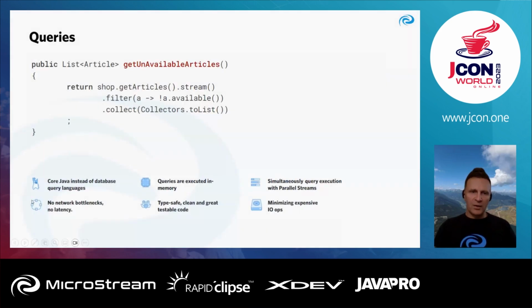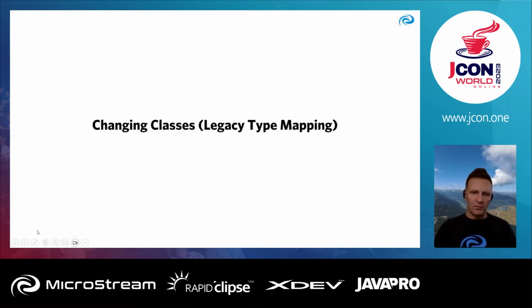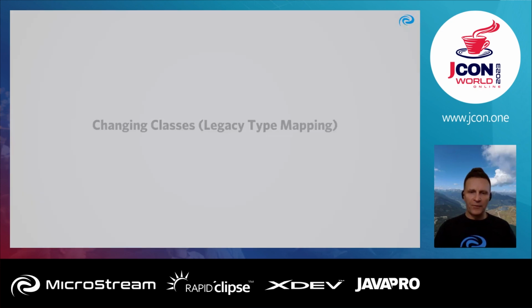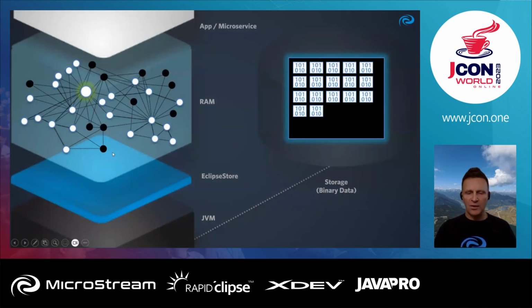So this is how it works. Queries, of course, use the Java Streams API, and if something changes in your classes, we have the type mapping, and Florian will go into more detail about how it works and what happens if the classes change. There are a lot of questions coming up: what happens if this and that?